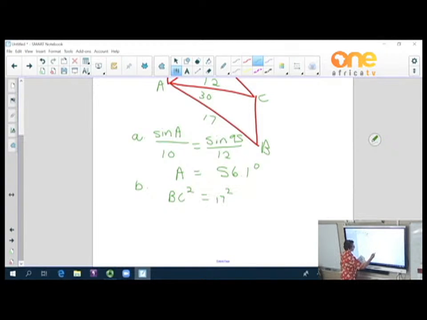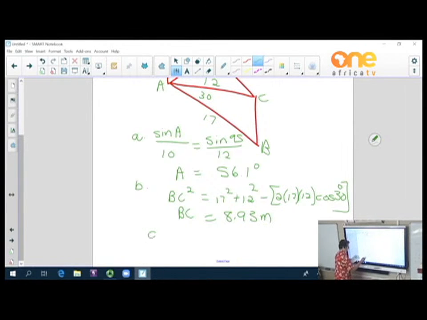So it is 17 squared plus 12 squared minus, in brackets, 2 times 17 times 12 cosine 30 degrees. And I got that BC, remember it's not BC squared now anymore, is 8.93 meters.